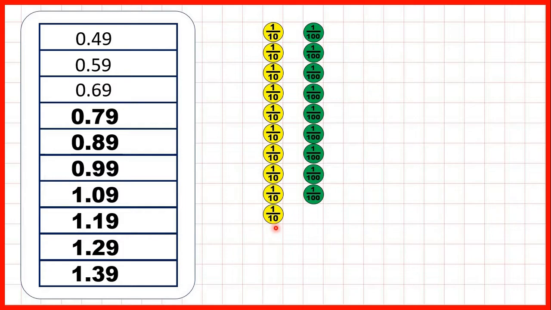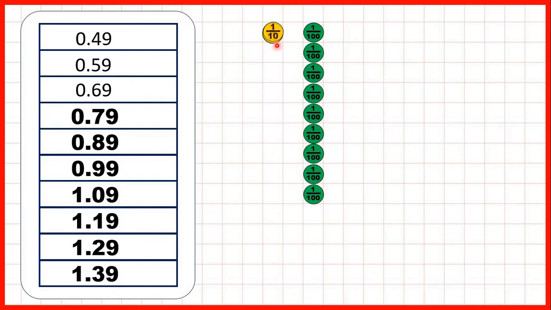But now we have 10/10ths, and to see why that's 1.09, what we're doing is changing those 10/10ths into 1 whole. So that's 1 whole and 9/100ths, or 1.09. And then we can keep on counting in tenths up to 1.39.